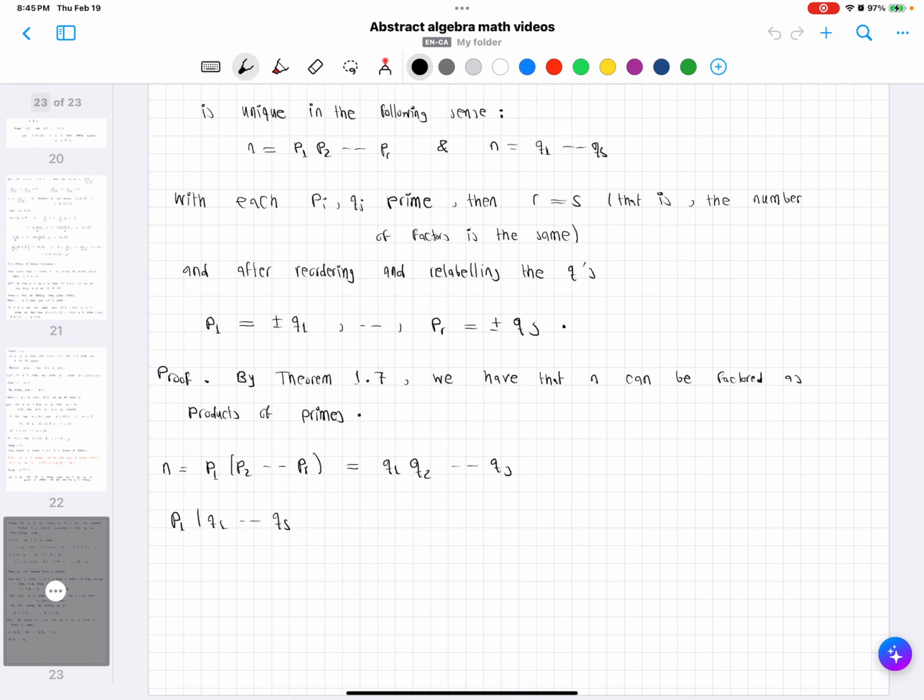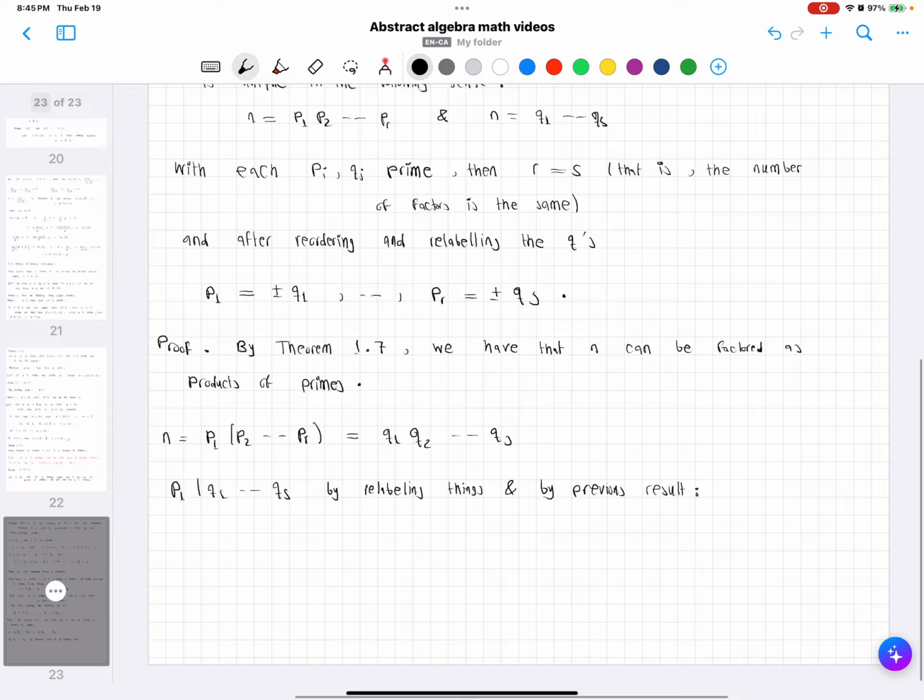So by relabeling, what we must have is that P1 divides Q1, so we can replace P1 by Q1, but since P1 is prime, that means that P1 is equal to plus or minus Q1.